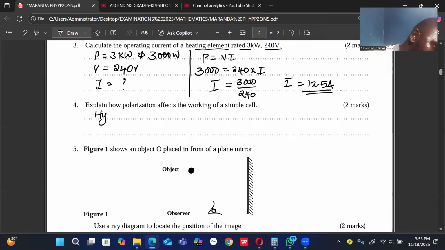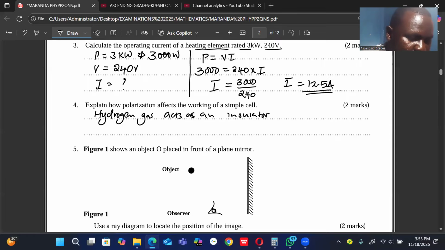Hydrogen gas acts as an insulator, or we can just say it is a poor conductor.